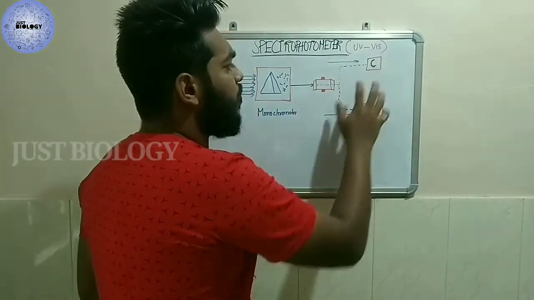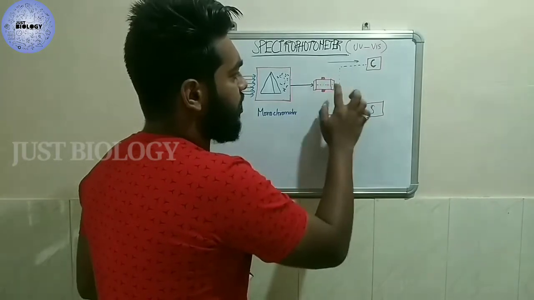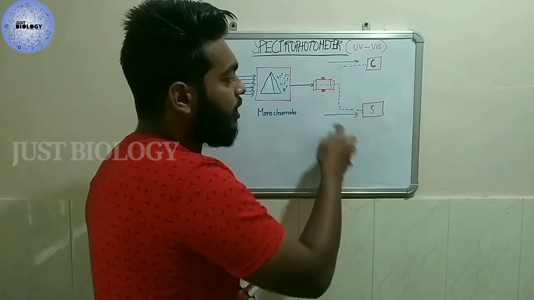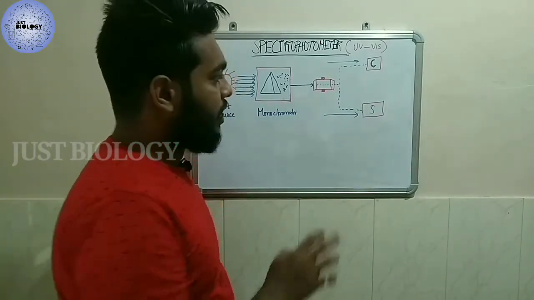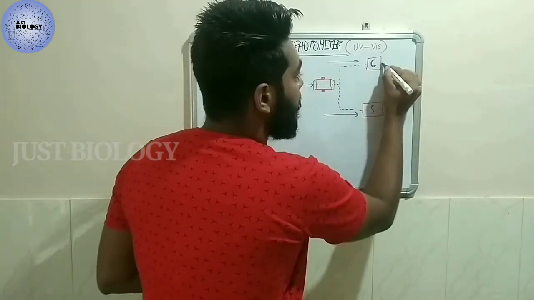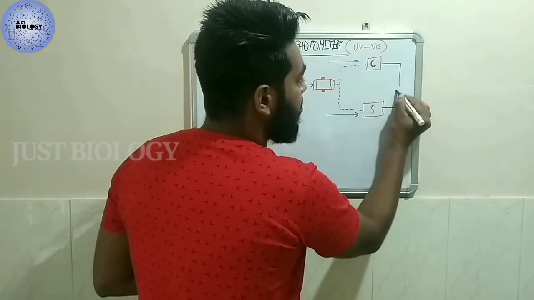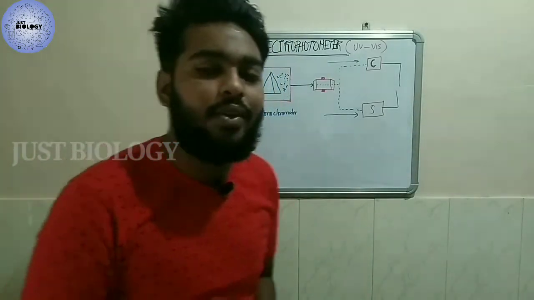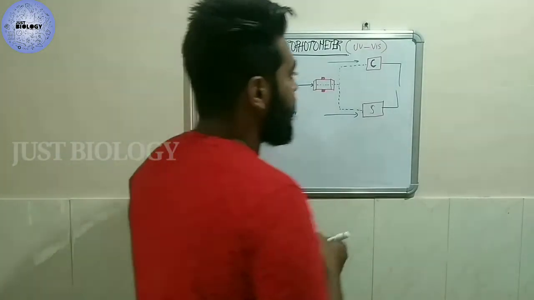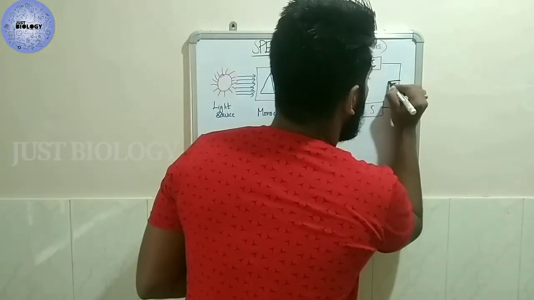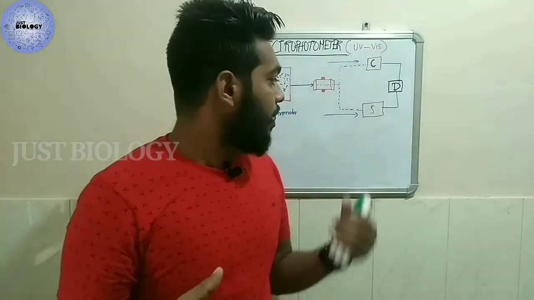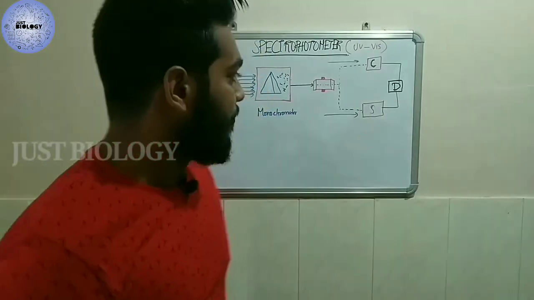This beam separator will have a tube-like structure which connects to the control and the sample chamber. So here you can see both the control as well as the sample are connected with a particular thing. We can call it the detector. The detector will be connected to both the control and the sample chamber. So that is the idea here.